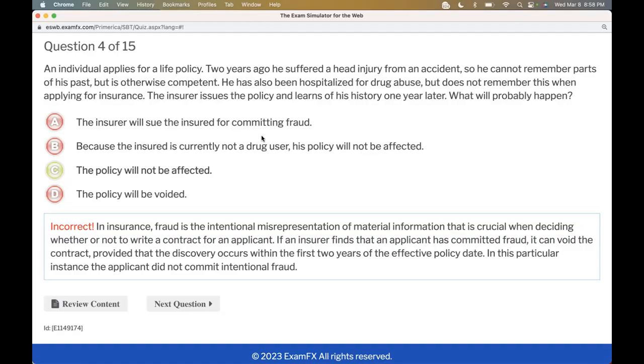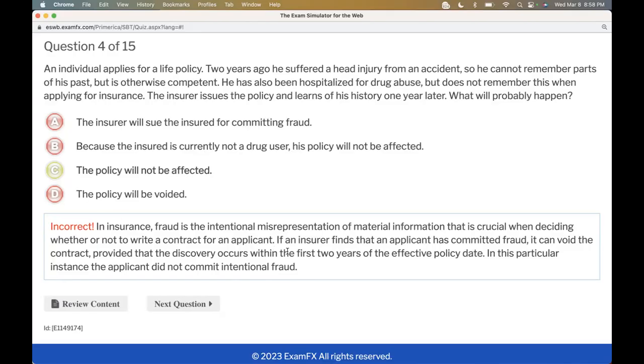If an insurer finds that an applicant has committed fraud, it can void the contract provided that the coverage is in the first 2 years. That's what I put. Yeah, this one's wrong. Look at the rationale. In this particular instance, the applicant did not commit intentional fraud. It's not asking for fraud. It's asking, will it be void? And the answer is C.